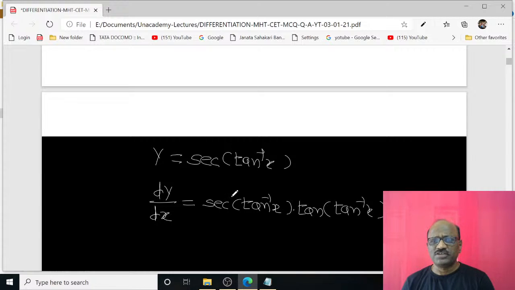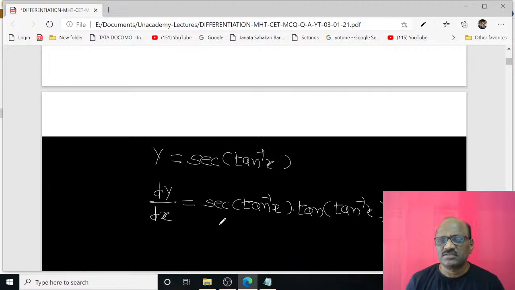Now this is a composite function, therefore we want to find the derivative of tan inverse of x, into 1 upon 1 plus x square.